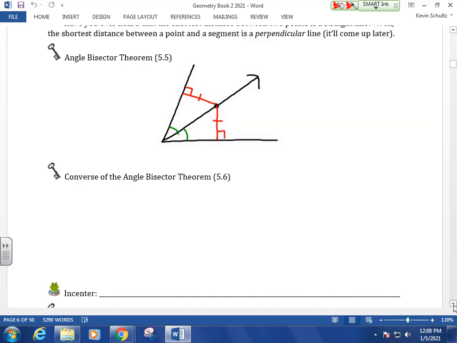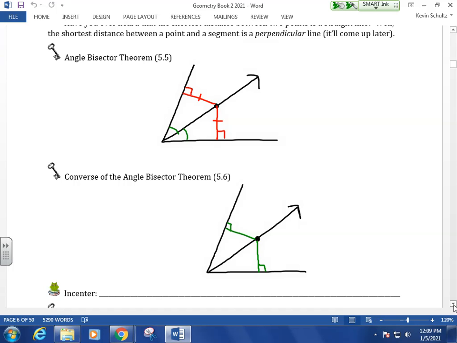The converse of the angle bisector theorem is basically just the opposite of what we know and what we can conclude. So here's our angle again. Here is our segment, ray, or line coming out of there. And in this case, what we know, in green, is that we have a point that is equidistant from the sides of the angle and perpendicular to them.